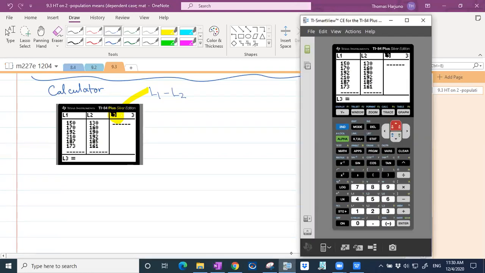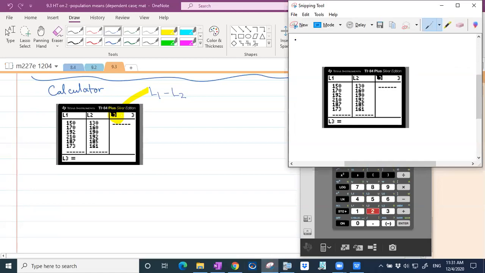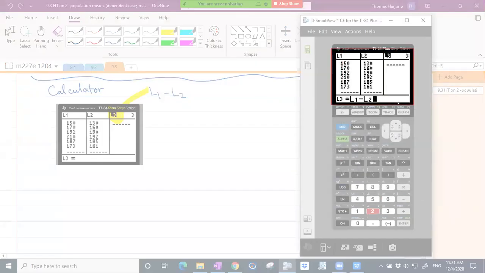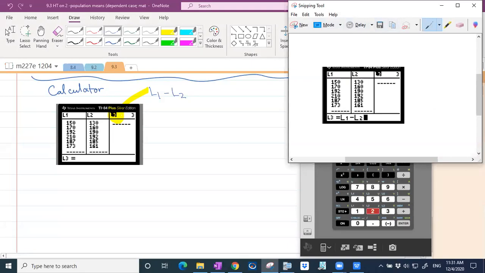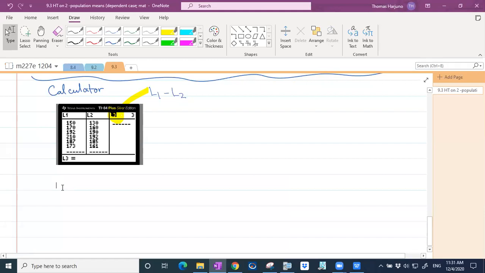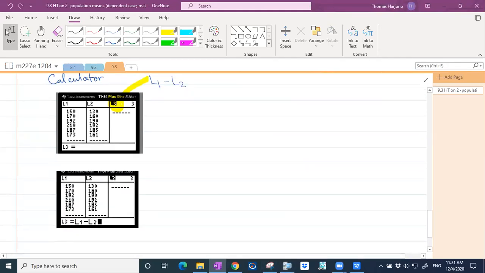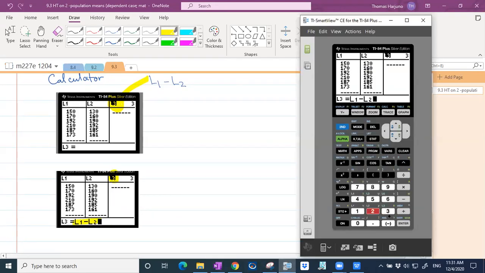So basically, I will use column 1 minus column 2, row by row subtraction. It is list 1, do you see that here? Minus list 2. Are you with me? Now I will press enter.